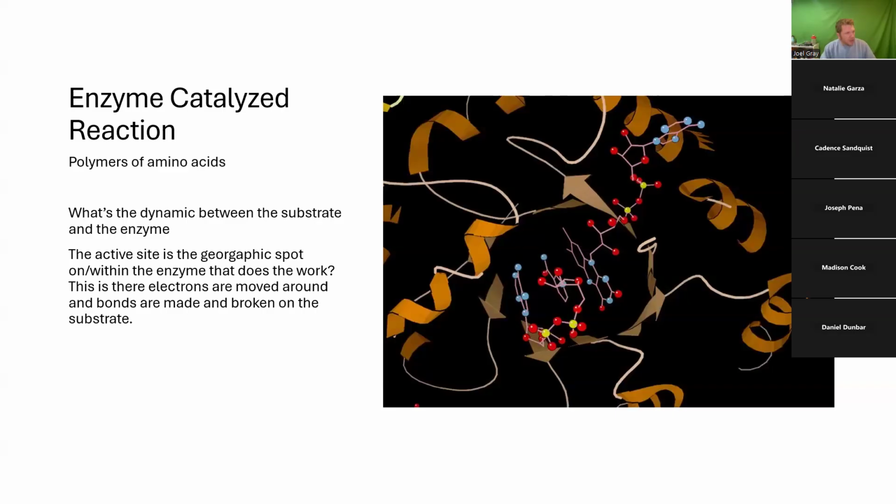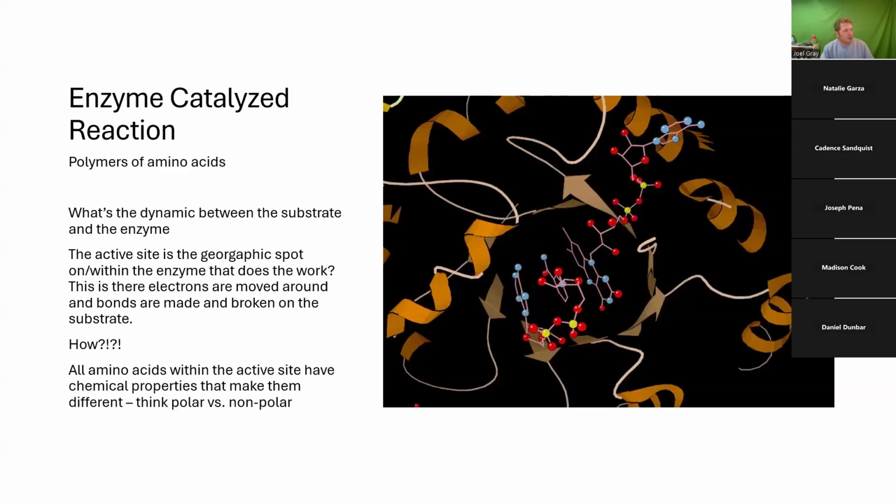Now, when we look at the active site, what's important to know and recognize is what are the amino acids that are there? So there's this term, active site residues. All amino acids within the active site have chemical properties that make them different. Okay, we already know that. When we talked about our proteinogenic amino acids, we classified them as polar and nonpolar.